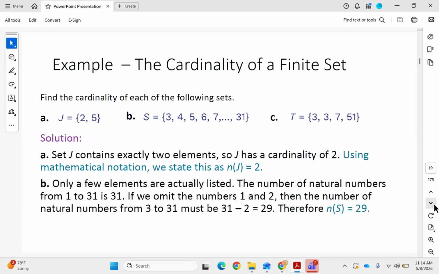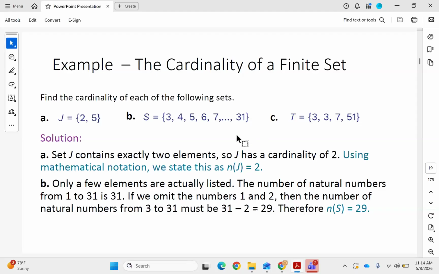Well, there's actually a formula where you subtract 31 minus 3, and then you add 1. Because when you subtract 31 minus 3, it gives you everything that is after 3. It's like you cancel the 3 itself.